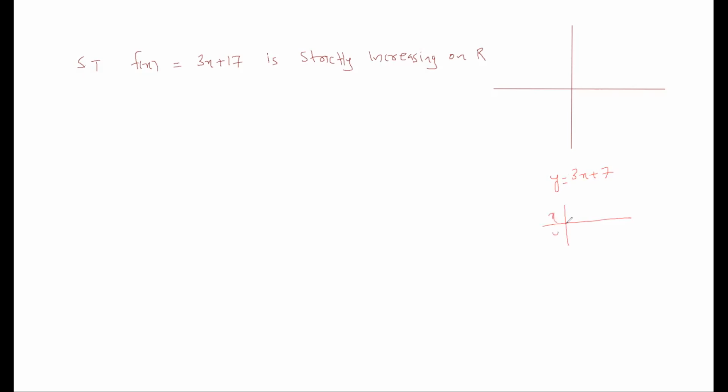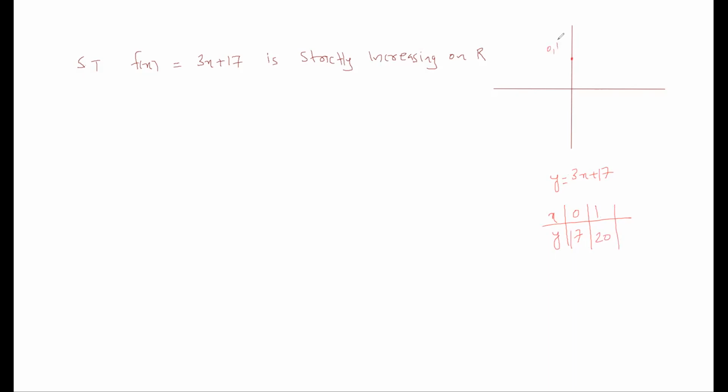Give x a value, x equal to 0, so y is equal to 17. Now x equal to 1, it is like 20. So it is something like (0, 17), (1, 20), a rough figure.